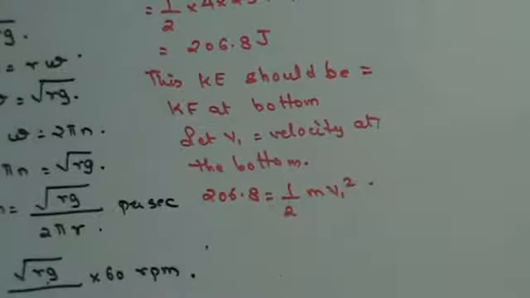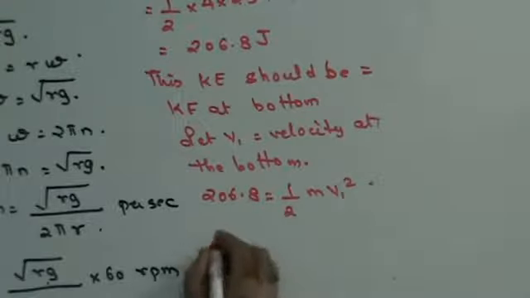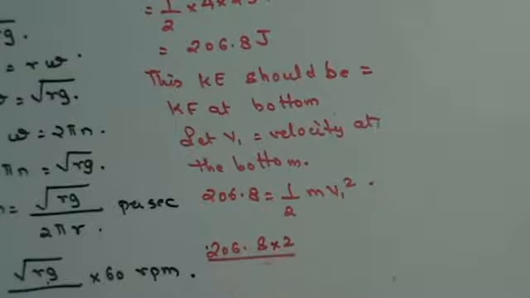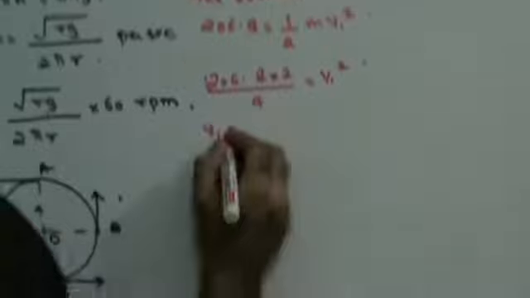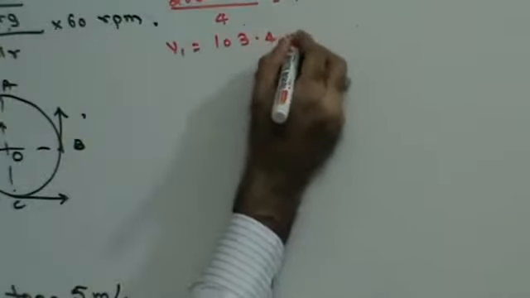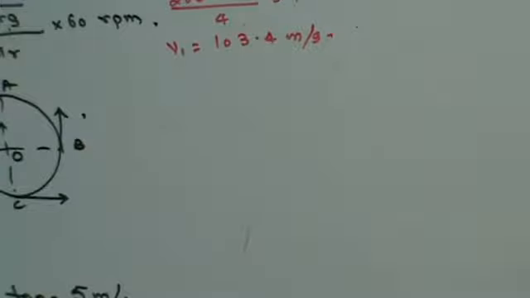That's the kinetic energy at the bottom, right? In which case I will come to know the velocity of the stone when it reaches the bottom: 206.8 into 2 upon the mass, mass is 4, is v1 square. When I solve this, I will get the value of v1 to be 103.4 meters per second. That is the velocity with which the stone will cross point C, right?